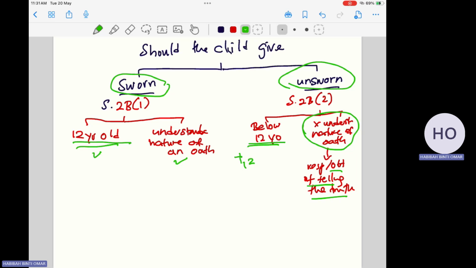So you have a pool of cases reflecting that those aged 8 years old should give unsworn evidence, upon inquiry made to determine the maturity of the child. And you have a pool of cases where children aged 12 and above give sworn evidence. So that's why previously the determination of the competency of a child, and whether the child should give sworn or unsworn testimony, was made on a case-by-case basis. Okay?